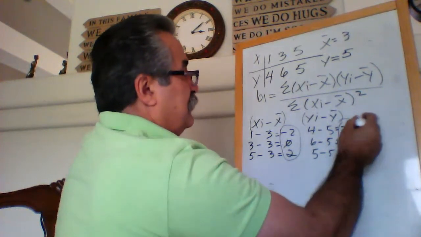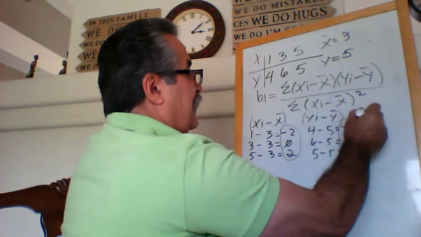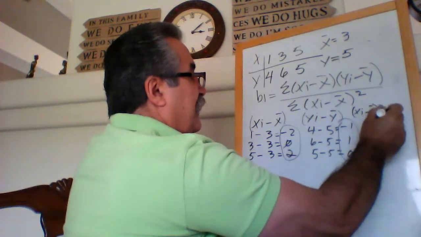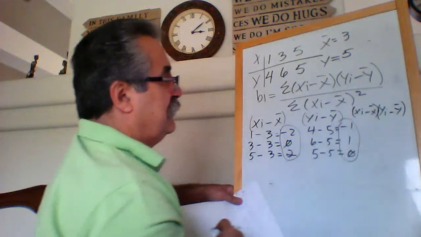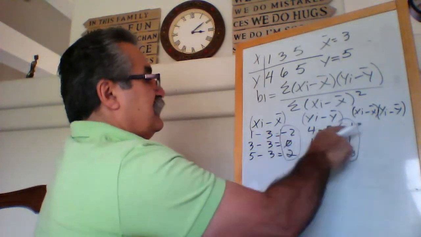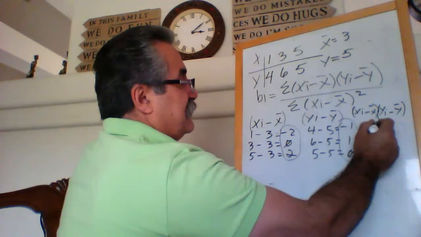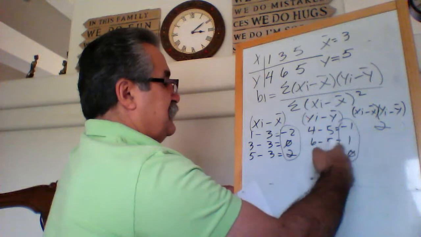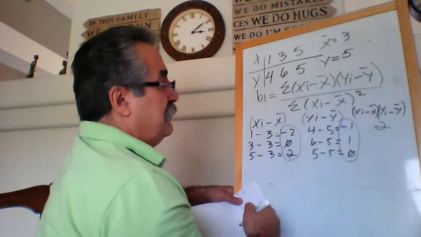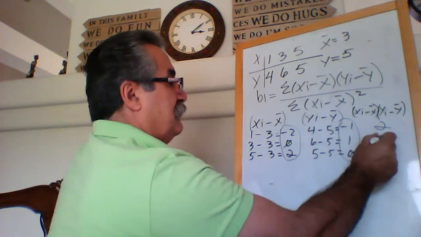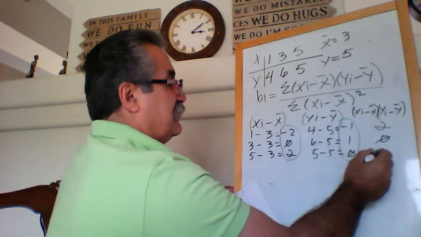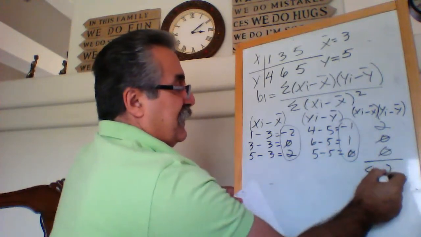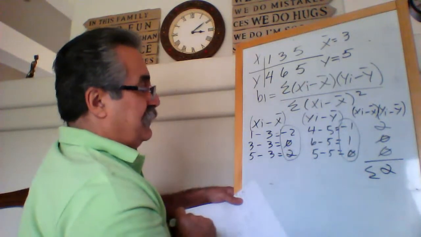Negative 2 times negative 1, that's 2. 0 times this is equal to 0. 0 times this is equal to 0. And then we apply the sigma. So the value for top is going to be equal to 2.